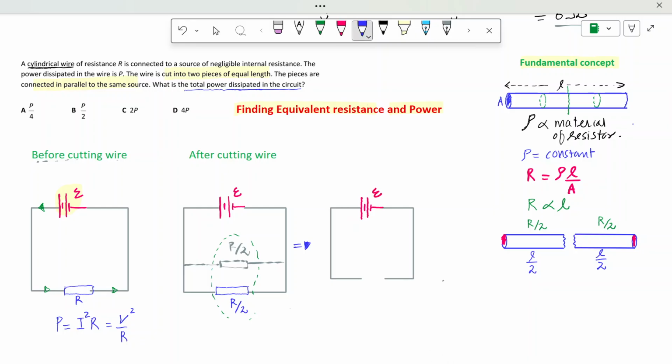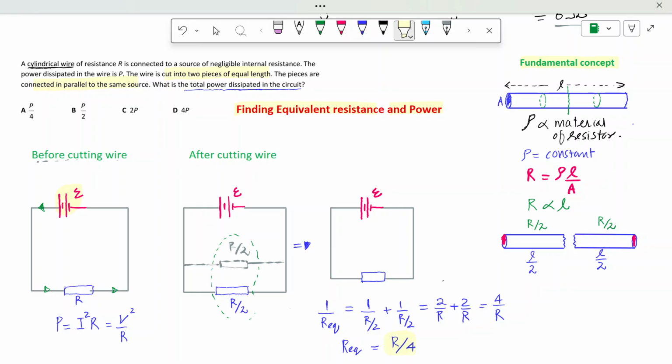Here we have the total equivalent of the two resistances, and you can apply this equation that most students are familiar with: 1 over R equals 1 over R1 plus 1 over R2. That is 1 over (R over 2) plus 1 over (R over 2), so that will be 2 over R plus 2 over R, which can be written as 4 over R. So it equals R over 4, as I had already told you by the shortcut method.